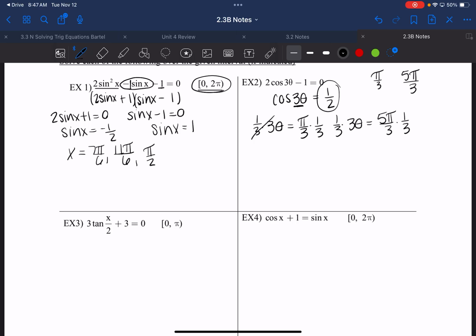Okay. So we end up getting what? For that first one, we're going to get pi over 9. And for that other one, 5 pi over 9.